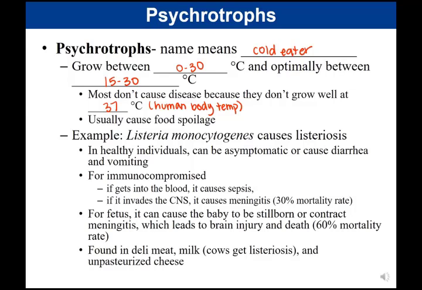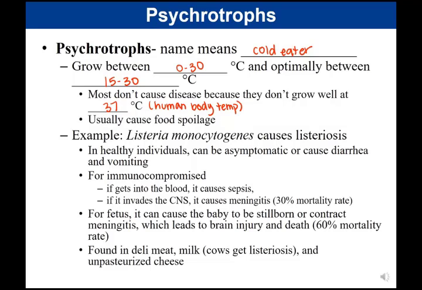However, two groups of patients are most at risk for listeriosis. The first would be immunocompromised, and the second group that's most at risk is the fetus. So for immunocompromised, if they ingest Listeria and it gets into the blood, it causes sepsis.